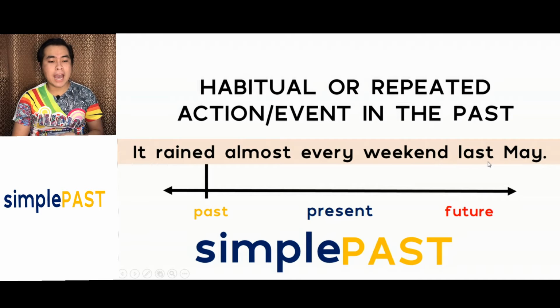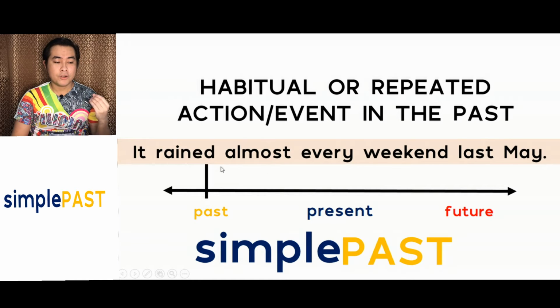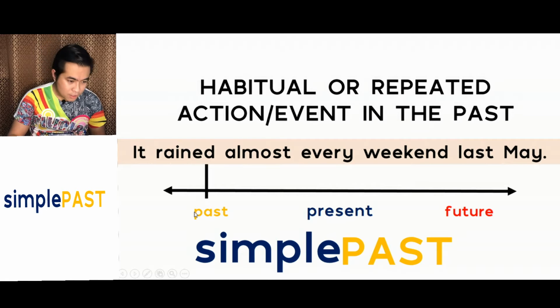Okay, so we have last May describing the raining, and that raining also is described by almost every weekend. So these adverbs help you to see that in that point in time, every weekend, so this is May, for example, this vertical line, this is May.